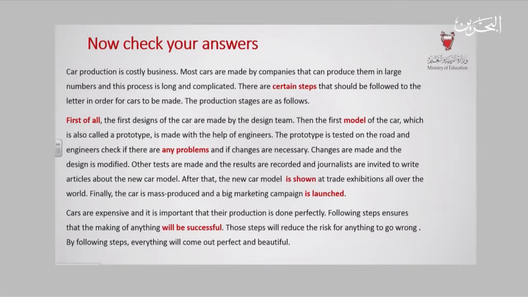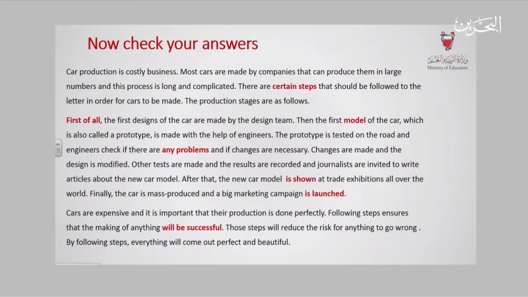So, first of all, the first designs of the car are made by the design team. Then, the first model of the car, which is called a prototype, is made with the help of engineers. The prototype is tested on the road, and the engineers check if there are any problems and if changes are necessary.